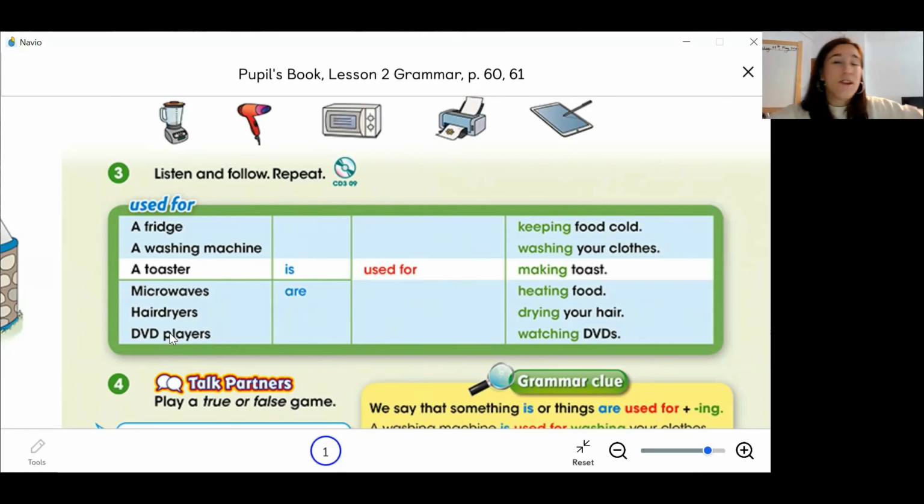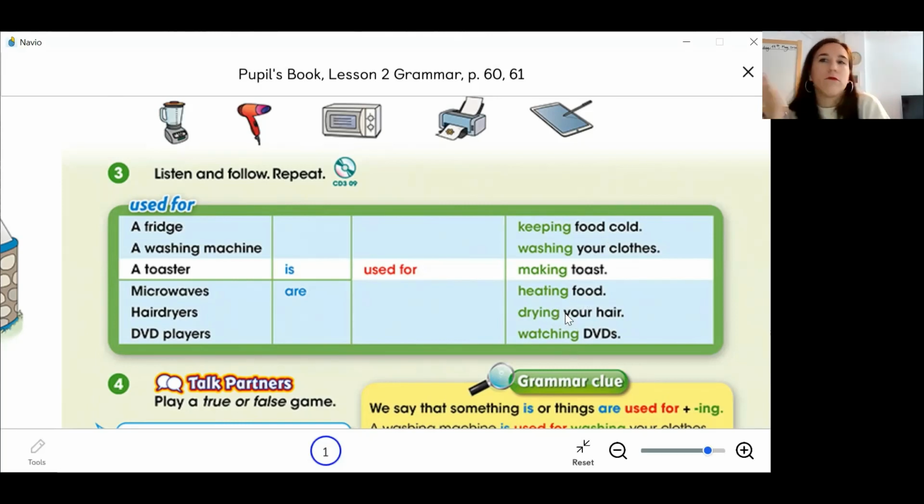Any object, and then is, if it's singular, if it's only one, are, if it's plural, if there are many objects, and then used for, be careful with this D, and then verb with ing: jumping, reading, washing, making, hitting, cooking, any action with ing, okay?